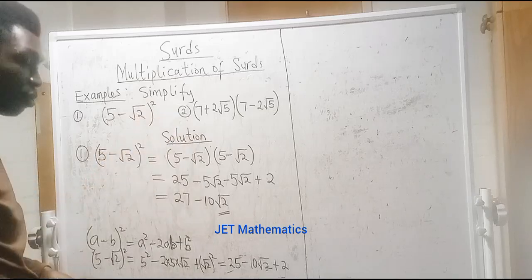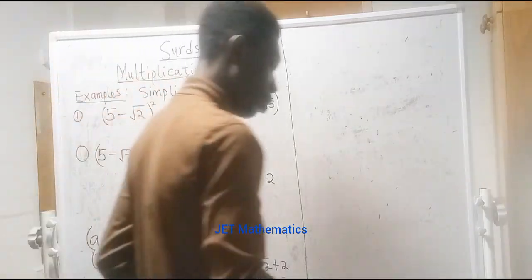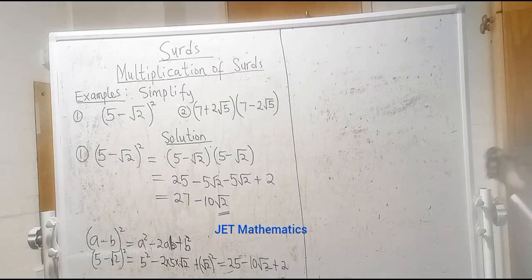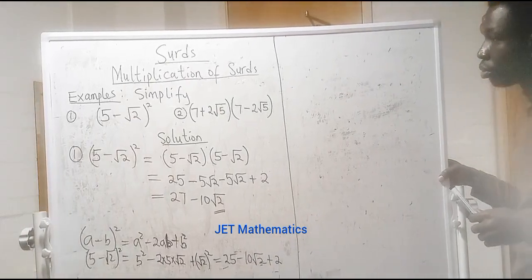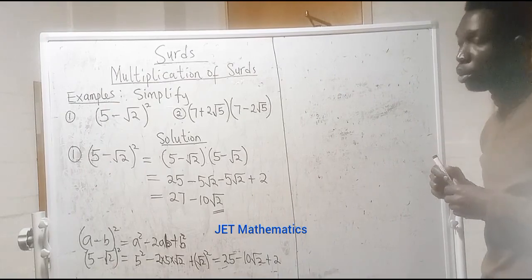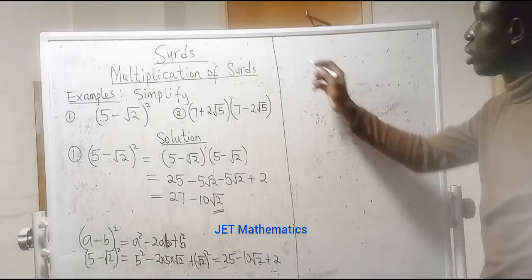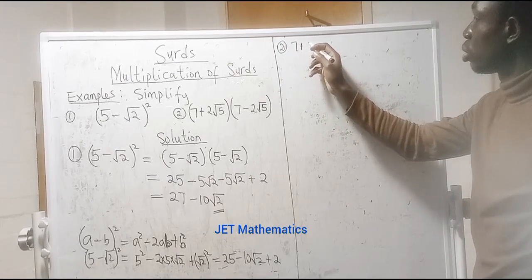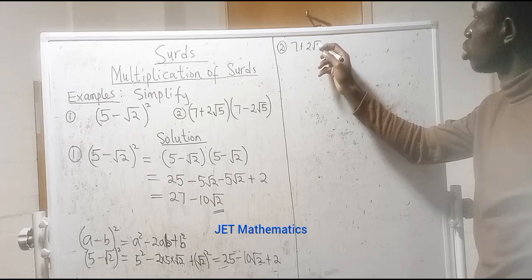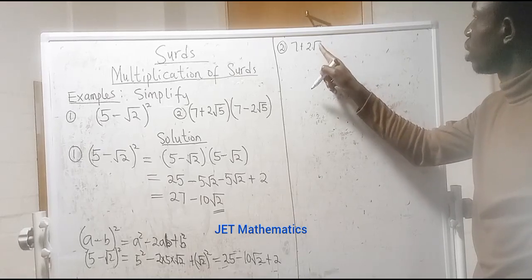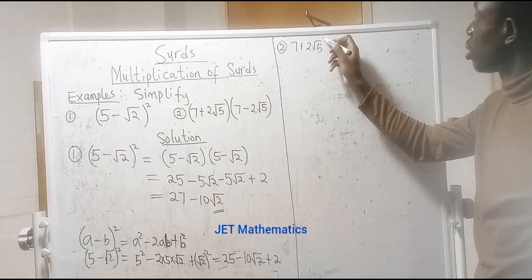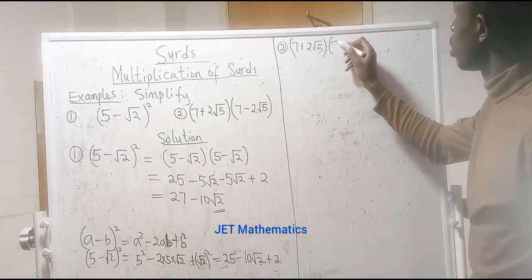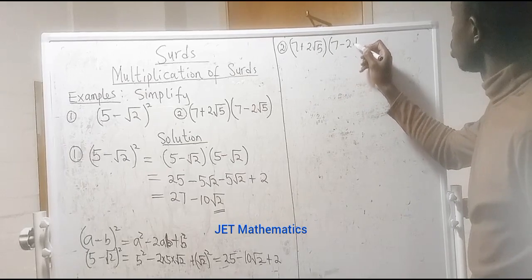Quickly let's see how we can solve example 2 and also establish some relationship from there. So from example 2 we have 7 plus 2 root 5 multiplies 7 minus 2 root 5.